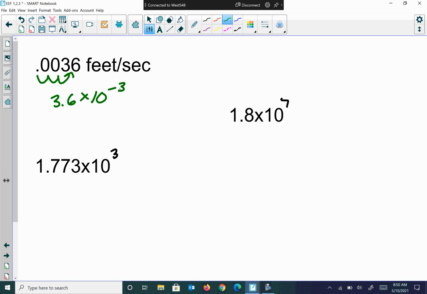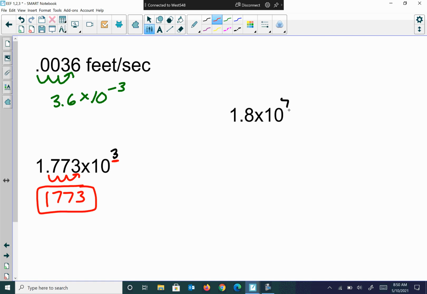Now, a lot of times these negative exponents or these decimal exponents are talking about scientific notation. Scientific notation is a way to take a relatively large number and write it compactly. So like this next one, if we want to take it out of scientific notation, I'm going to move it 1, 2, 3, so I get this for an answer.